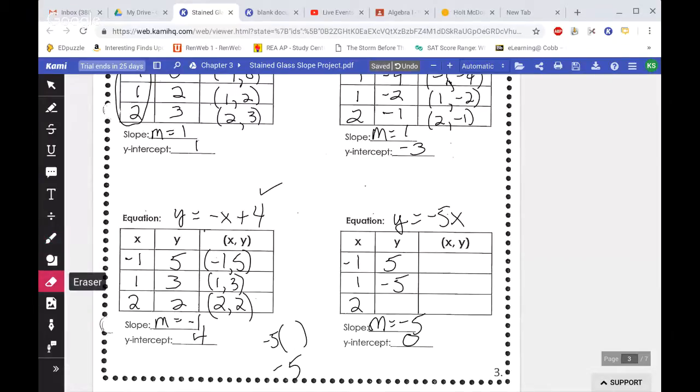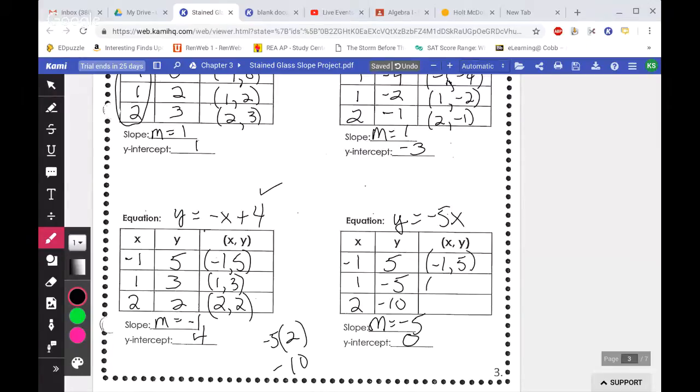And then my next one, I'm going to substitute 2. I've got negative 5 times 2. That's going to be negative 10. So my ordered pairs are negative 1 and 5, 1 and negative 5, and 2 and negative 10.